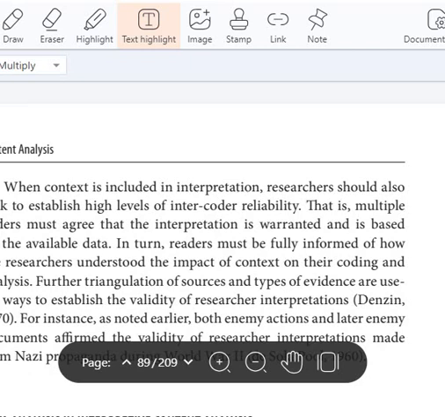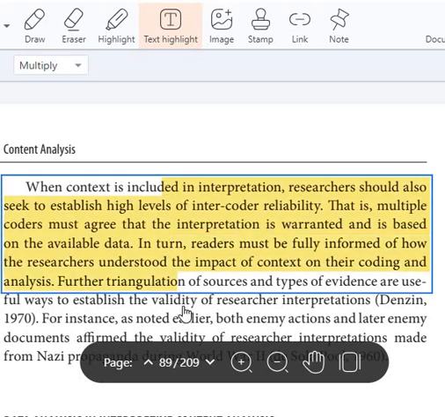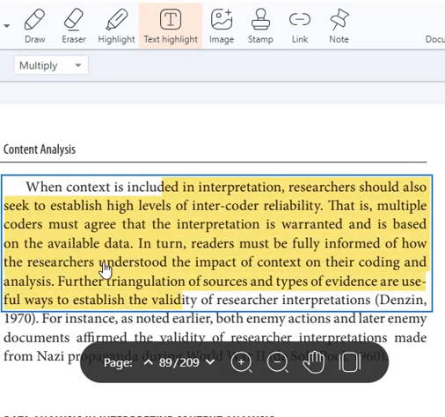Okay, when you include the context in your interpretations, researchers should also seek to establish high levels of intercoder reliability. That is, multiple coders must agree that the interpretation is warranted and is based on the available data. In turn, readers must be fully informed of how the researchers understood the impact of context on their coding and analysis.